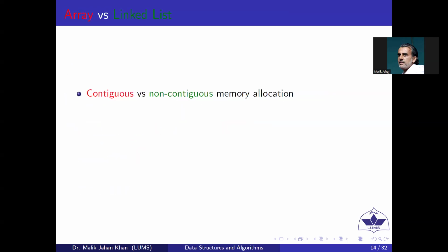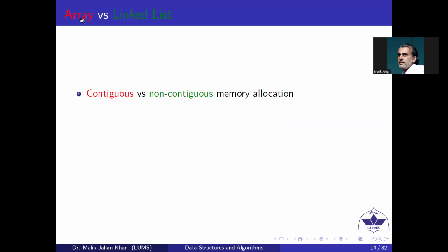Okay, now let's try to have a subjective or abstract level comparison between array and linked list. If we create an array in a program, an array is a contiguous memory allocation.